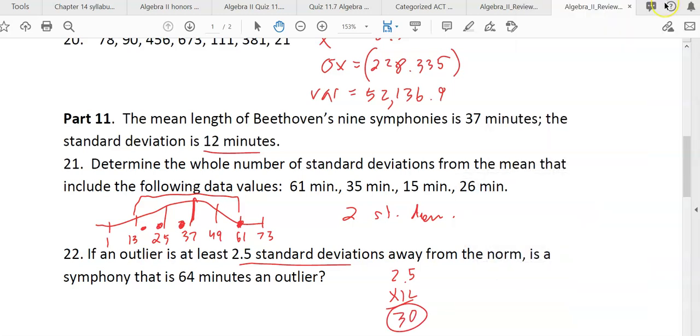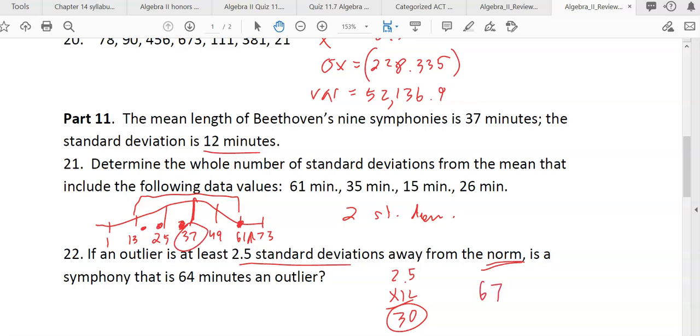So away from the norm, is a symphony of 64 minutes an outlier? So 64 is right in there. That looks unusual. It has to be 30 units away from the norm, away from typically. Okay, so if we use a mean of 37, plus 30 is 67.